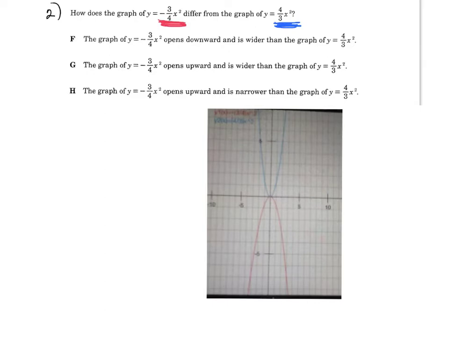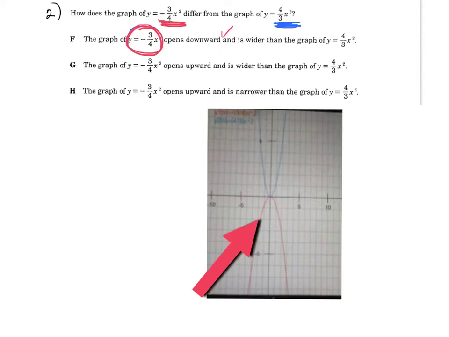So it says the graph of y equals negative 3/4 x squared, that's the red one, opens downward, so that's right. And it is wider than the graph of y equals 4/3 x squared. Well, it does appear to be wider. If you look at it, you can see that this one is a little bit wider than the blue one. So it appears like that might be the correct answer.